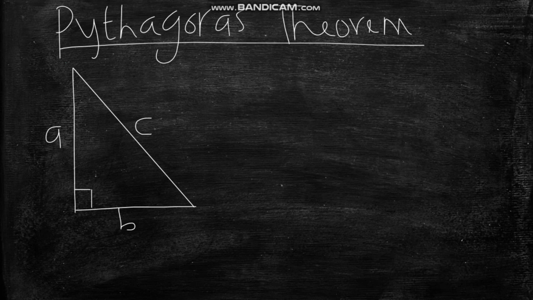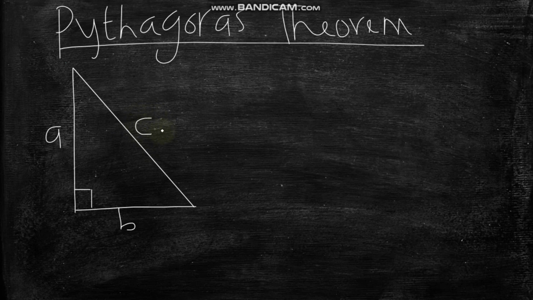So remember from our previous lesson, the side directly opposite the 90-degree box, which is side C, is called the hypotenuse, and it's the longest side of this right angle triangle.